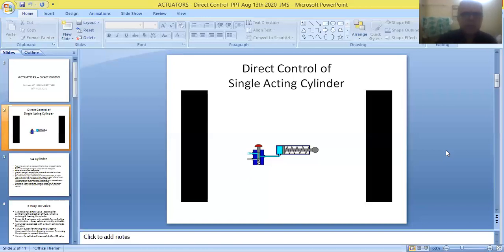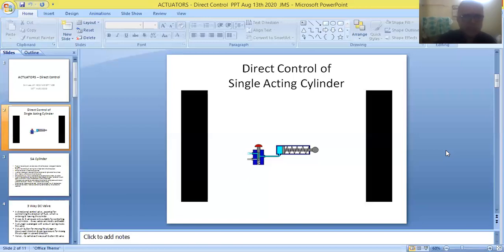And friends, we can see one more port, which is called the outlet of the DC valve. This is used for sending the fluid into the cylinder during the forward stroke of the piston, and also for receiving the fluid coming out of the cylinder during the return stroke of the piston. Basically, it is used for sending fluid into the cylinder.